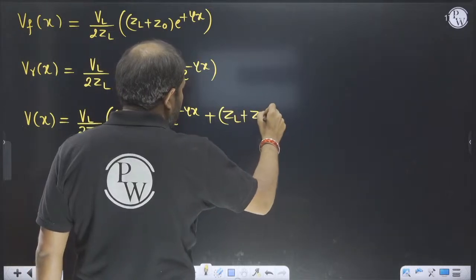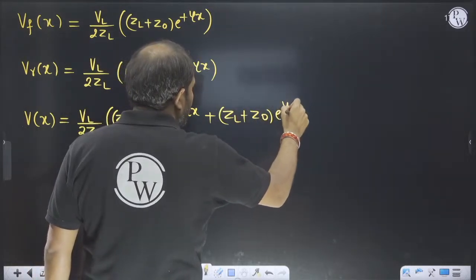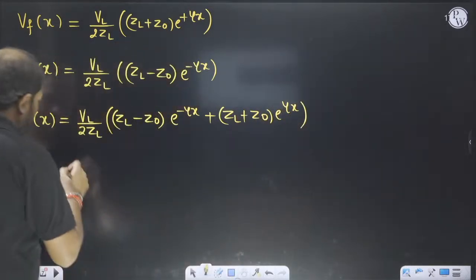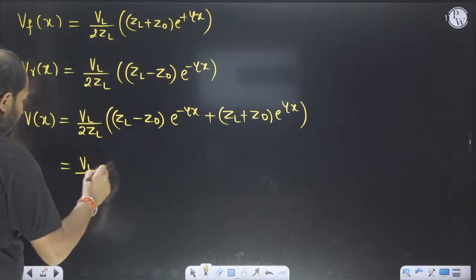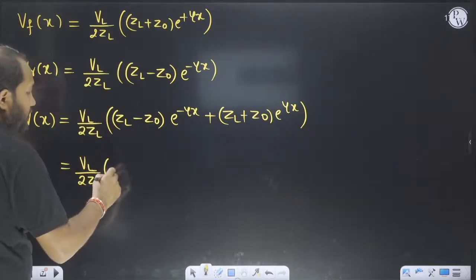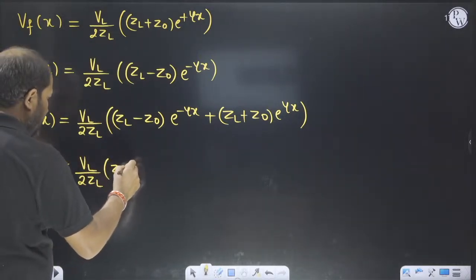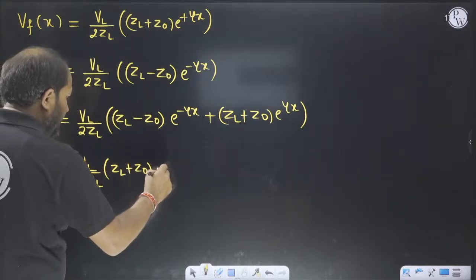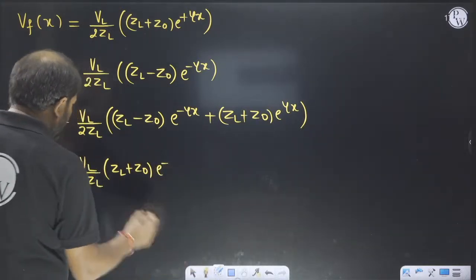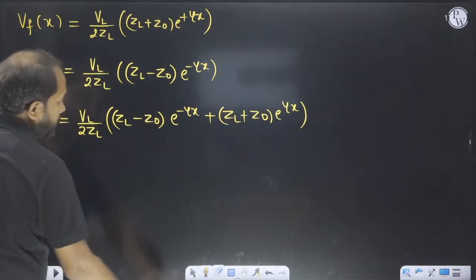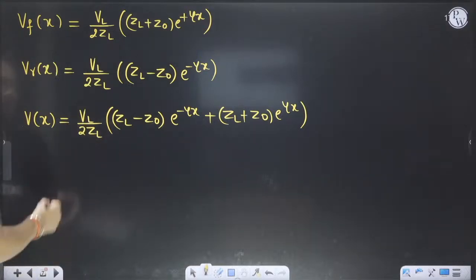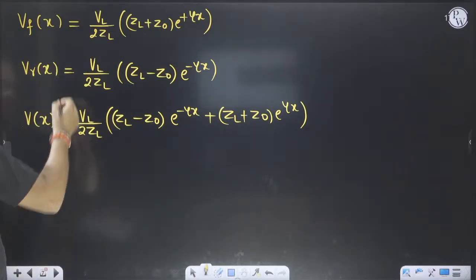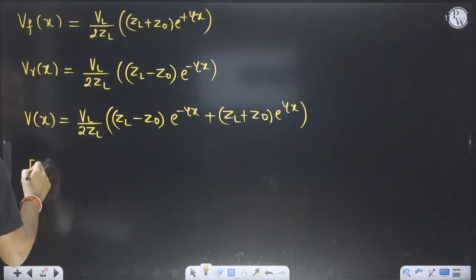So VR plus VF is our voltage. Then I will take common VL upon 2ZL, ZL plus Z0, e to the power. So we can write in this form. Then after that we are going to discuss the second thing, which is the reflection coefficient of voltage.